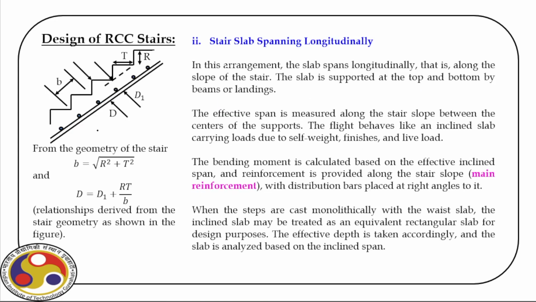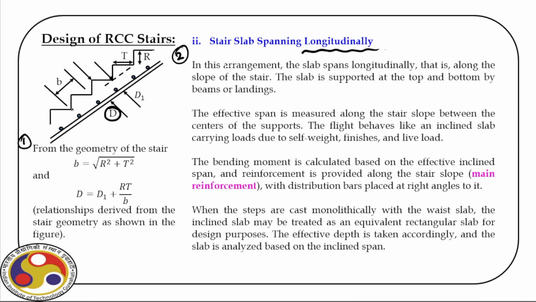But the question is, when the stair slab spans longitudinally, then how to design it. So we'll have one support here, another support there. Now as you can see in the cross section, the total depth of the slab is capital D, and you can see the tread and rise.